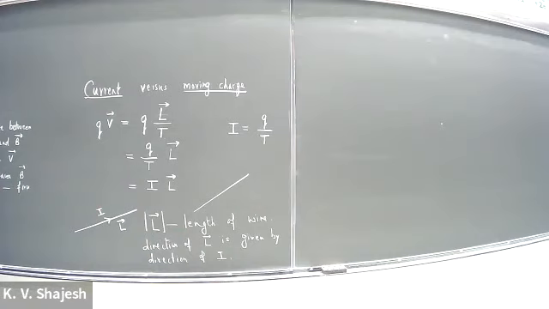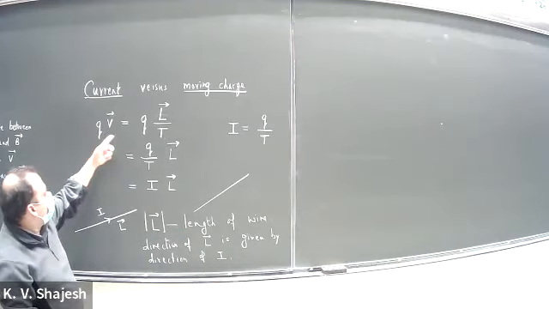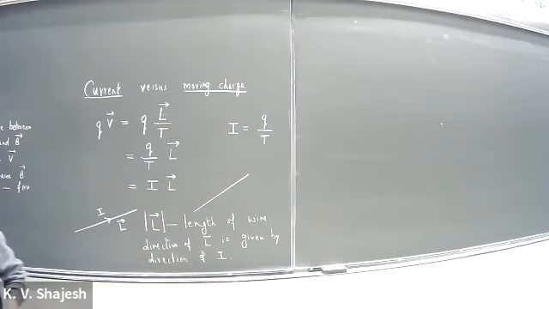Once we have this idea, whenever there is a current carrying wire, it is basically a set of moving charges. Q times V can be thought of as current times length. Then instead of talking about a magnetic force on a moving charge, we can talk about a magnetic force on a current carrying wire, right? Because Q times V gets replaced by I times L. So let's do that.